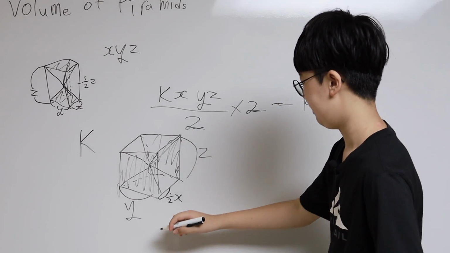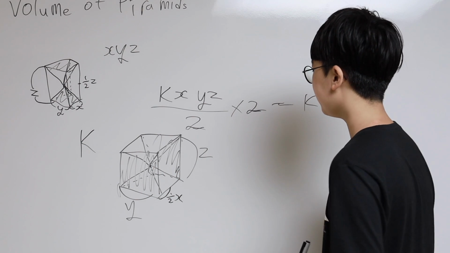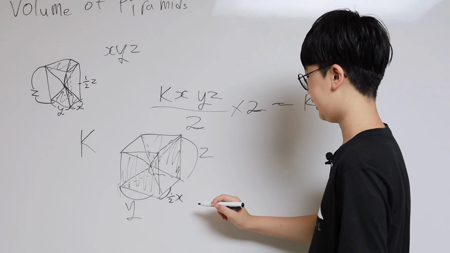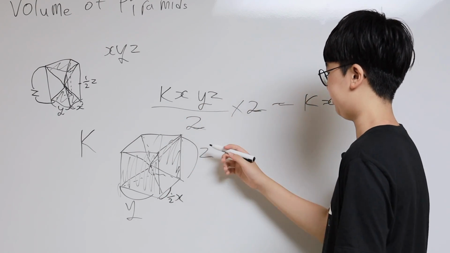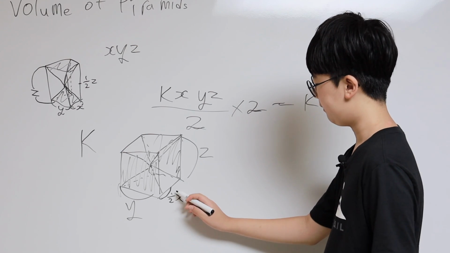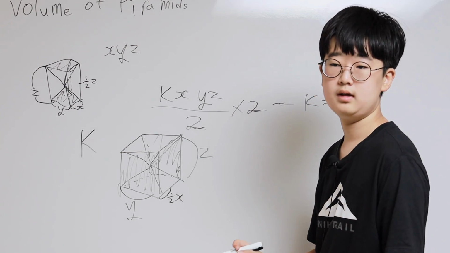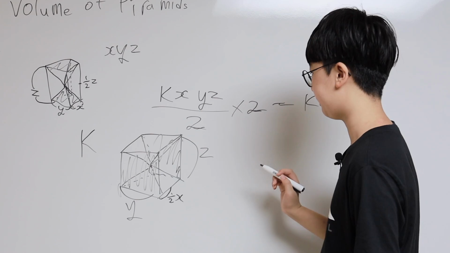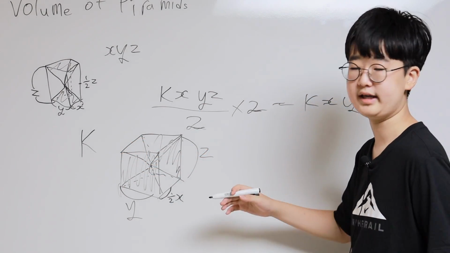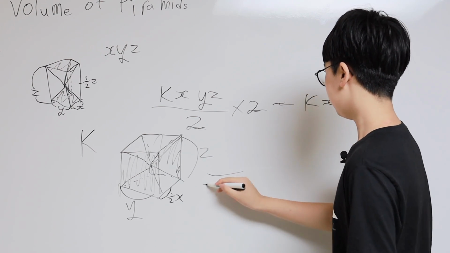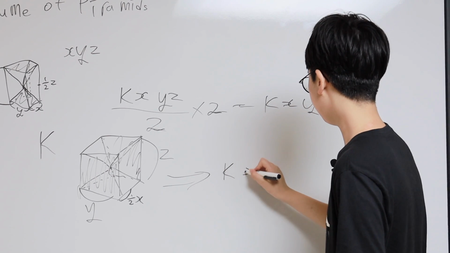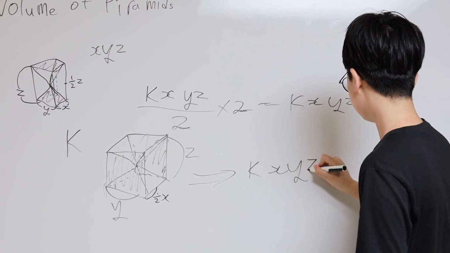Okay, now these 2 combined will be, firstly, half of an X multiplied by Y multiplied by Z. But we have 2 of them, so we multiply by 2, so this 1 over 2 disappears. And there's the pyramid constant, so we have to multiply that too. So these will also become K, X, Y, Z.